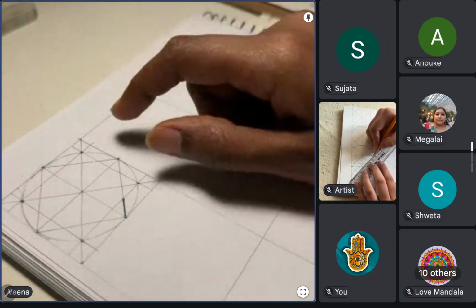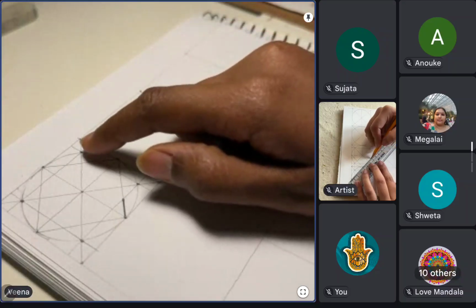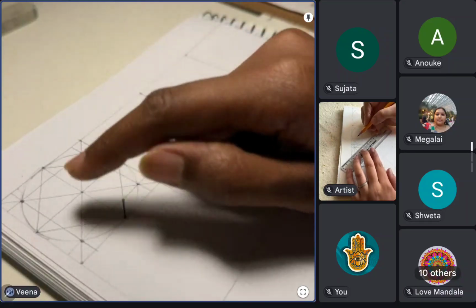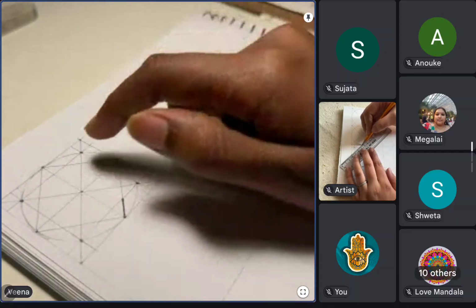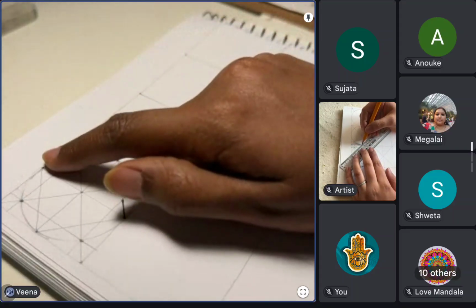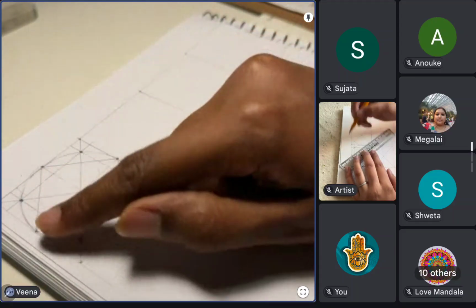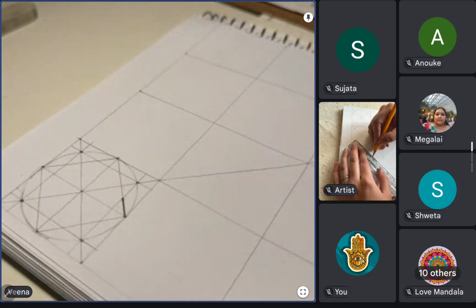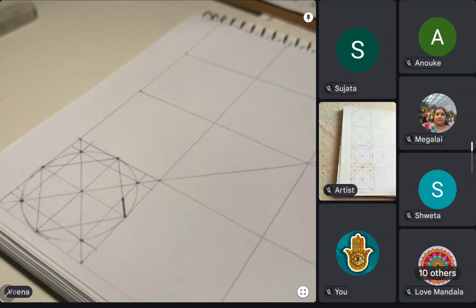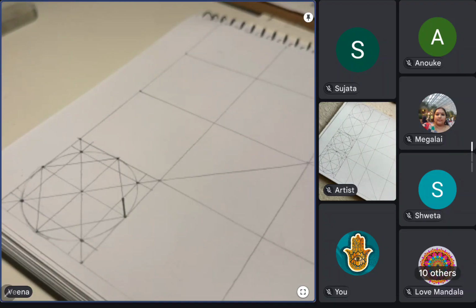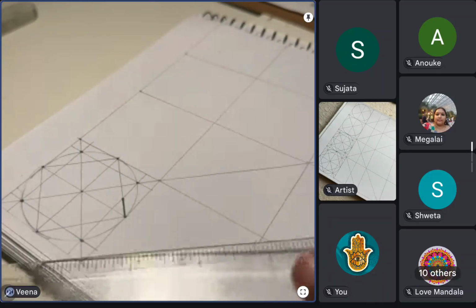So you mark these points, and then similarly for the diagonal square. And then we take our pen and ink it.